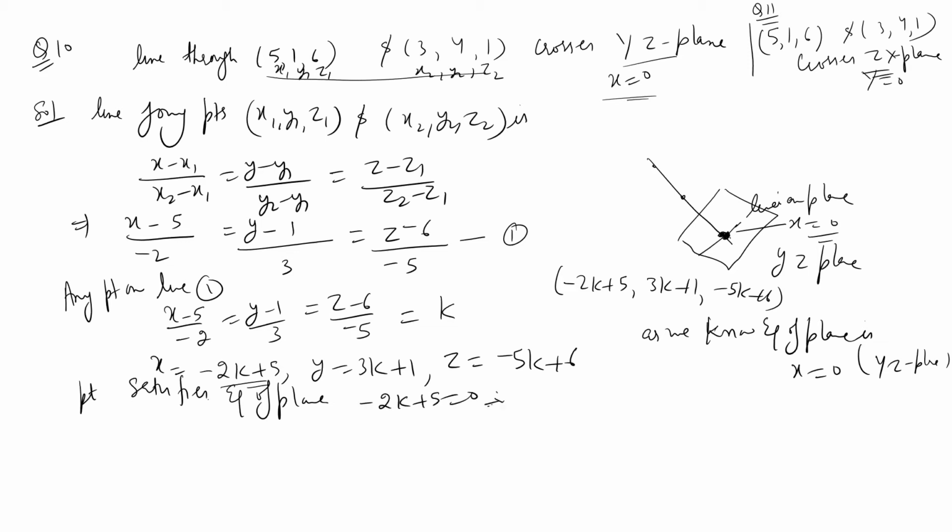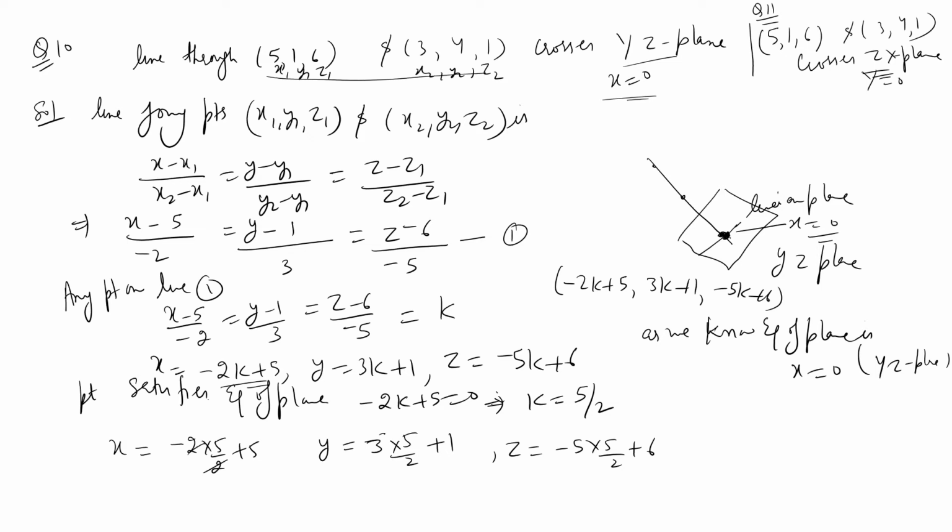So you will obtain the value of k from here as 5 by 2. So I'll get the point: x is minus 2 into 5 by 2 plus 5, and y is 3 into 5 by 2 plus 1, z is minus 5 into 5 by 2 plus 6.